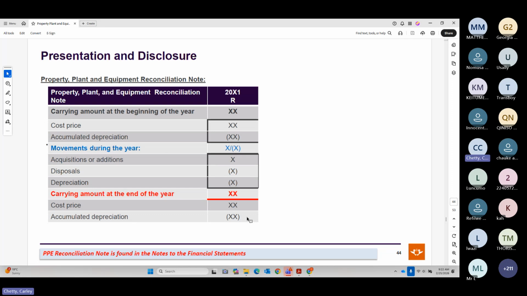Then we have the carrying amount at the end of the year. So we'll have the cost price minus the accumulated depreciation, and that will give us the carrying amounts at the end of the year. So this is the PPE reconciliation note. You guys should all be familiar with it from prior years and also from last week's practical.